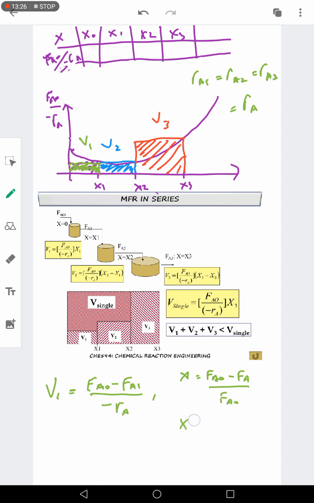So X FA0 equals FA0 minus FA. Therefore, FA is equal to FA0 minus X FA0, in which FA equals FA0 times 1 minus X.